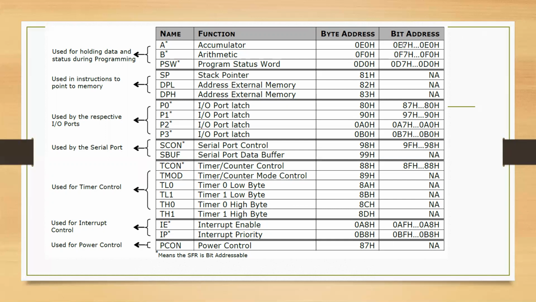Any bit of the accumulator can be changed with the help of its bit address. Likewise, each bit of all the bit addressable special function registers can be accessed by its special bit address.